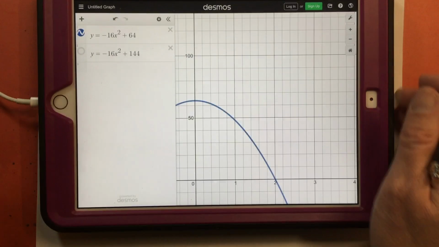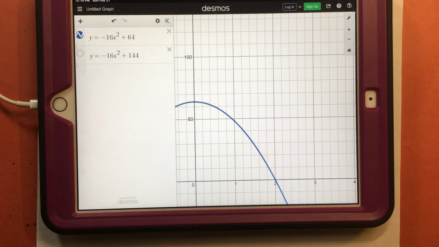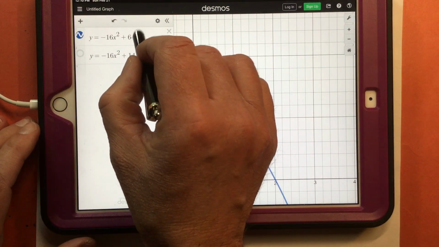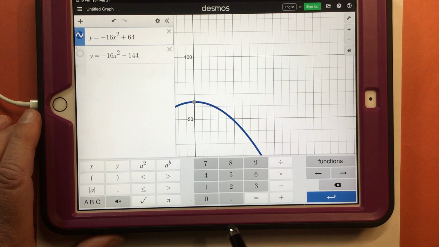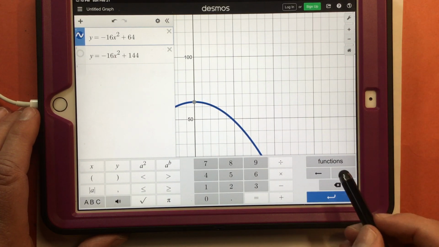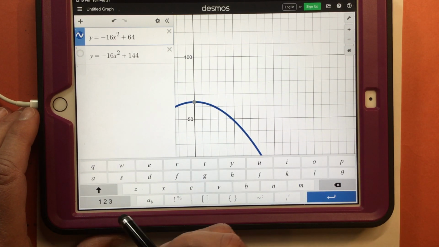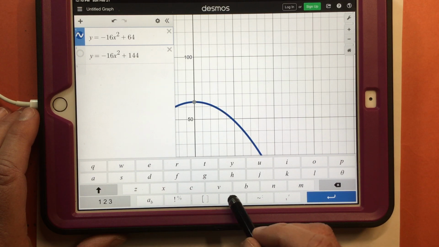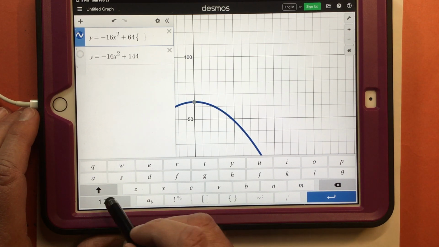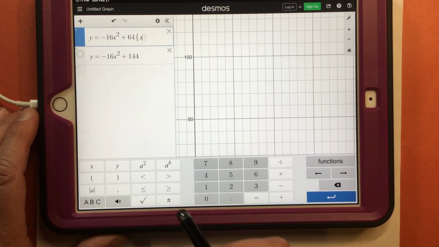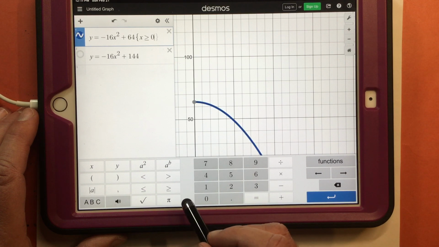Okay, I'm going to do one thing. I just have to make sure I can find where it's at. I always do this on my keyboard, so sometimes it's hard for me to find stuff. X is greater than or equal to 0.